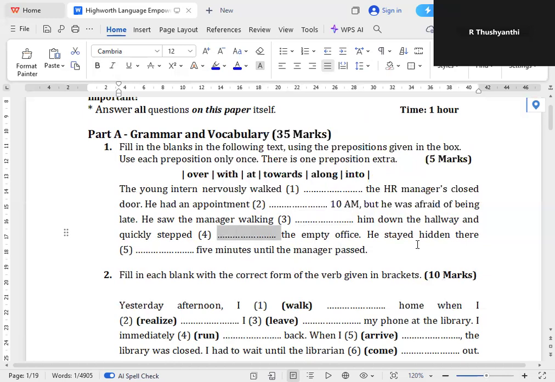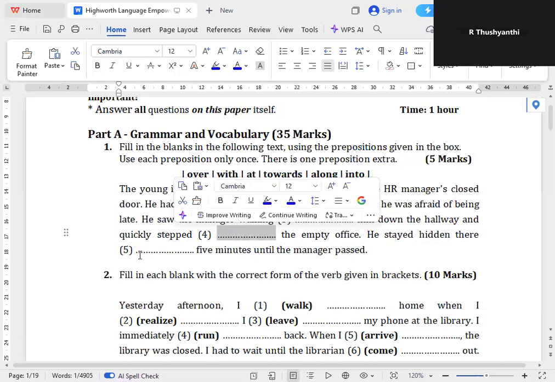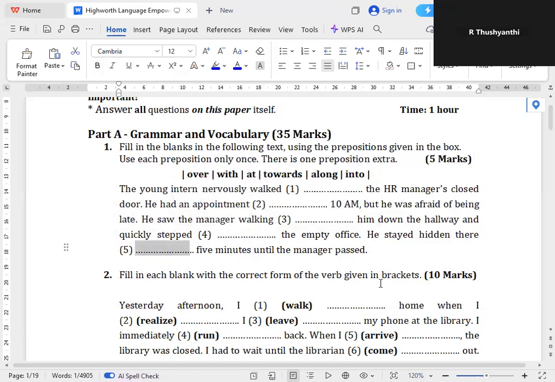He stayed hidden there over 5 minutes until the manager passed. So along, at, towards, into, and the fifth is over. When you fill these spaces with the correct prepositions, you can easily score 5 marks for that.